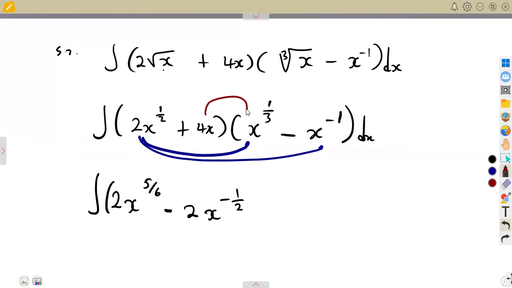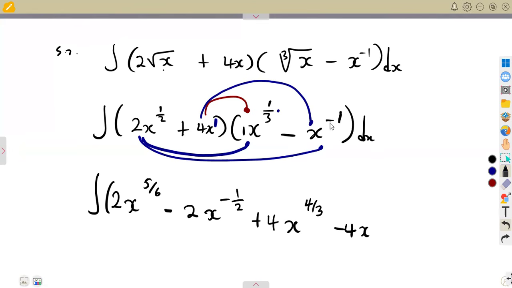4x does the same, multiplying this first part. So we obtain 4 times 1, which is 4. For the exponents, you add 1 plus 1 over 3. So that's 4x to the exponent of 4 over 3. Same again, 4x multiplies this part, so you multiply 4 times minus 1, which is minus 4x.